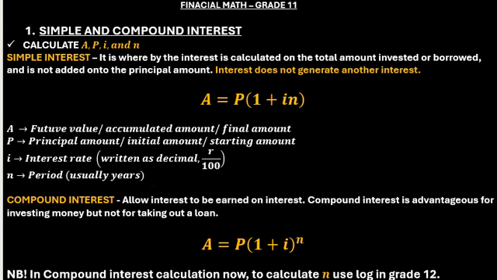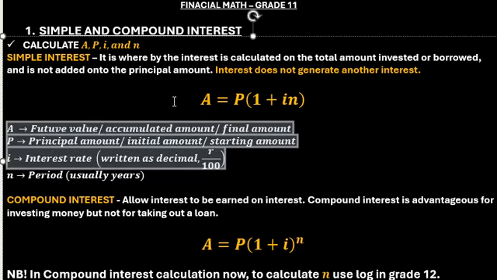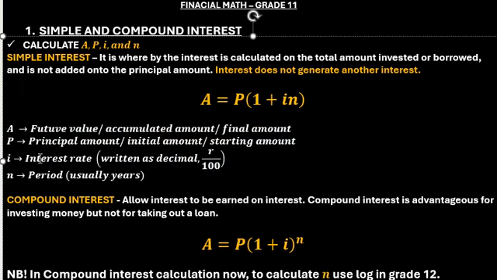Accumulated value refers to the increased money, but it's not always an increase, since sometimes we deal with depreciation or the final amount. P is the principal amount or the initial amount or the starting amount. So let's go back to our question. I just want you to take note of this, the starting amount.